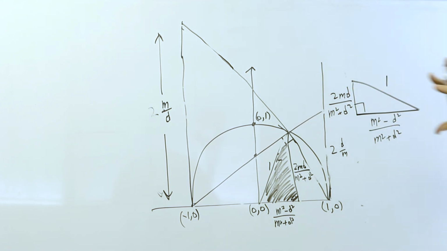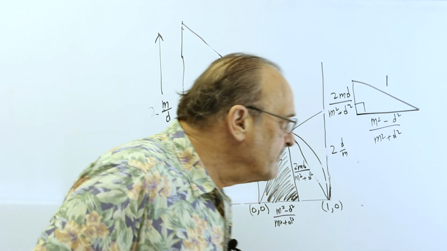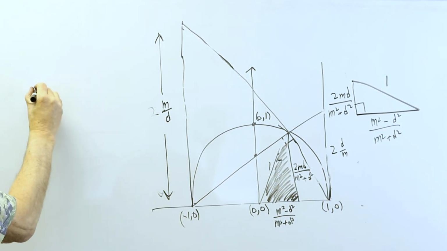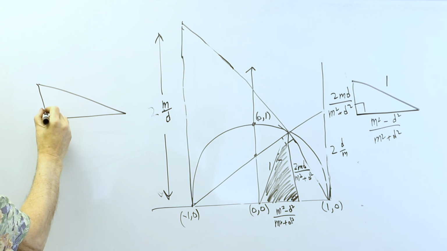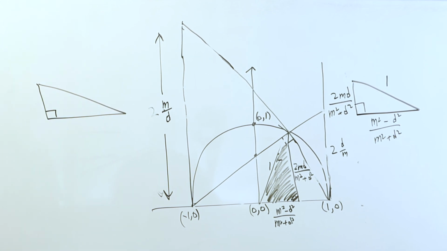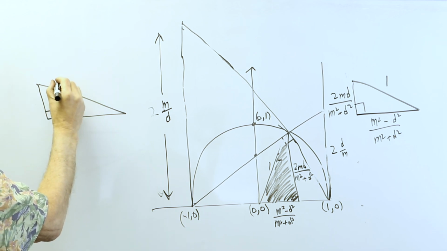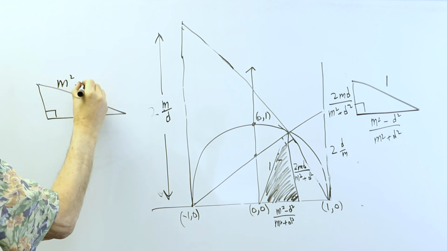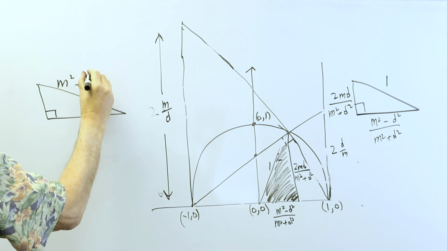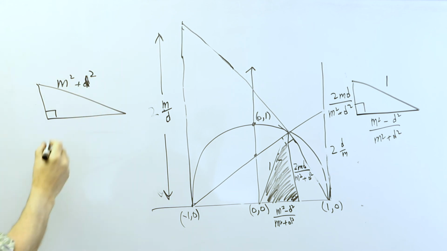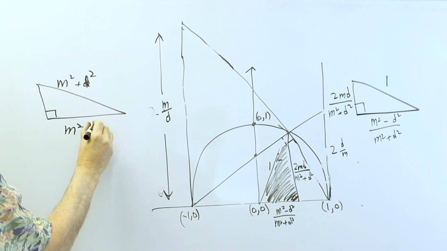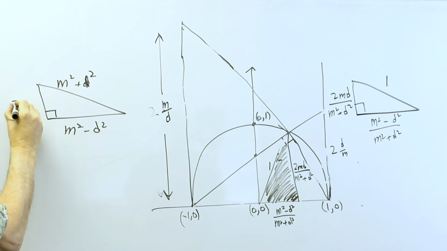Now I can blow this up by timesing all three sides by this denominator. And when I do that, I get m squared plus d squared, and I get m squared minus d squared, and I get 2md.